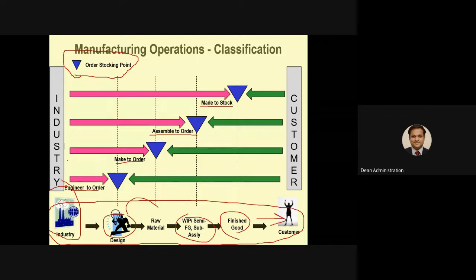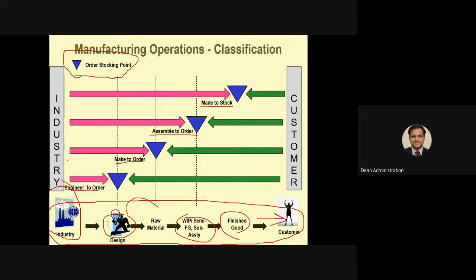Okay, so these are called made to stock. A typical example of these made to stock products is what is called fast moving consumer goods. Anything basically that you are going to buy off the shelves of DMart or Big Bazaar. Okay, so that is basically products categorized under made to stock.